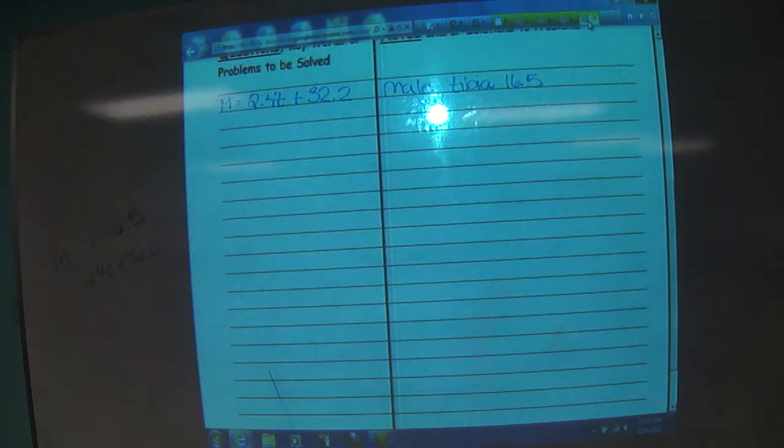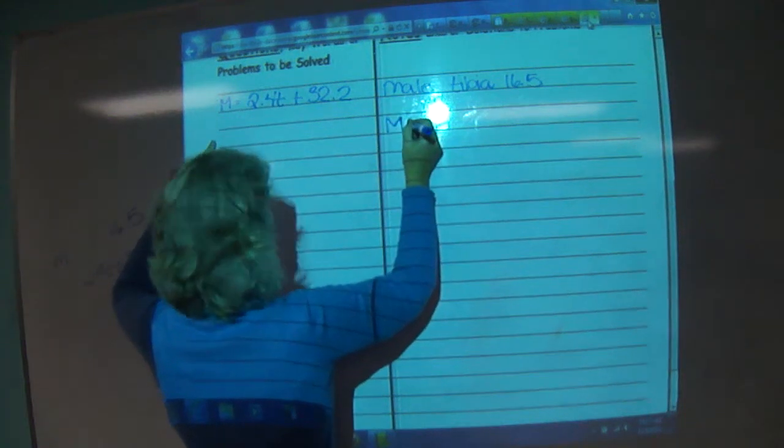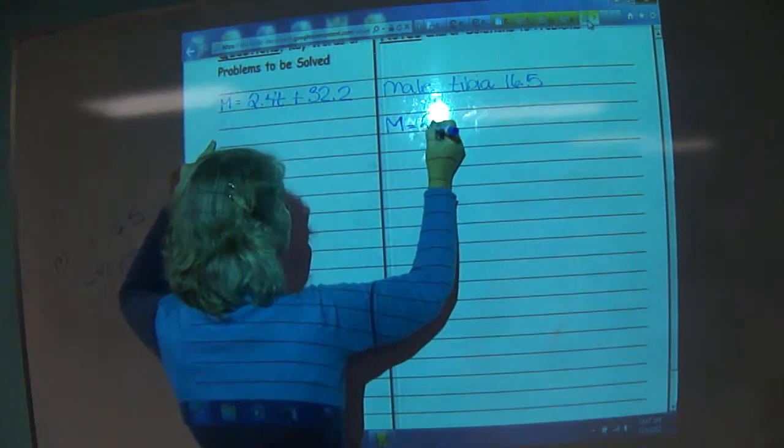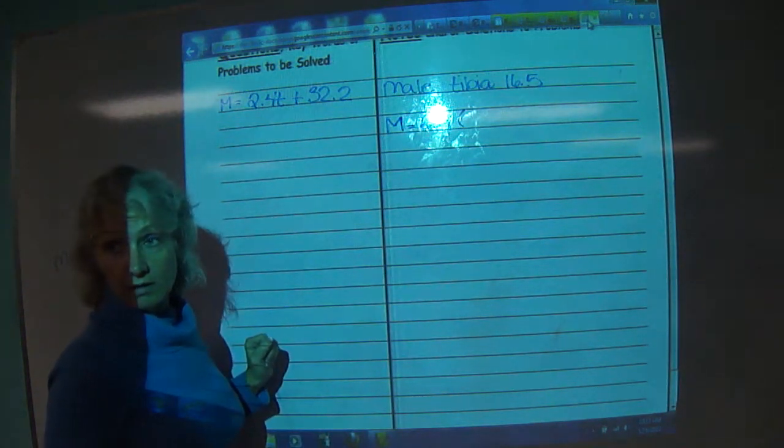How are we going to figure out how tall this guy was? All we have is the tibia. Just substitute. So now we know that the male's height would be 2.4 times, what's the T?